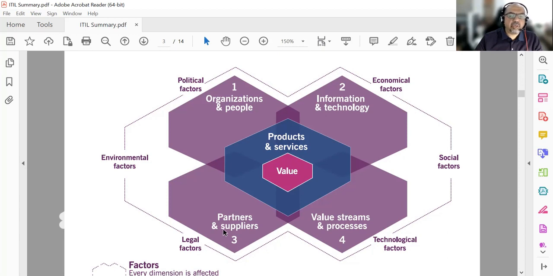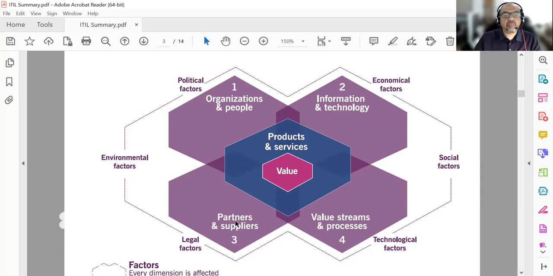Third component, partners and suppliers. We have partnerships with Microsoft, Cisco, Dell, whatever. We can't work alone. Even if we are a very small entity like a small coffee shop, we need suppliers to supply coffee beans, milk, cups and everything.